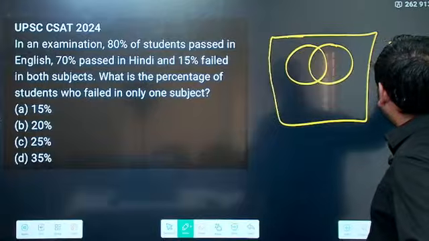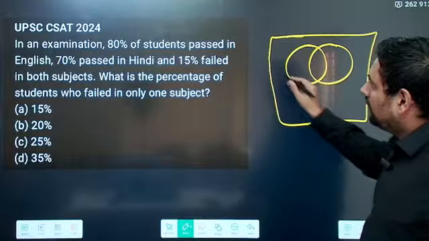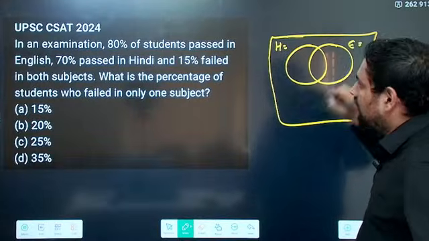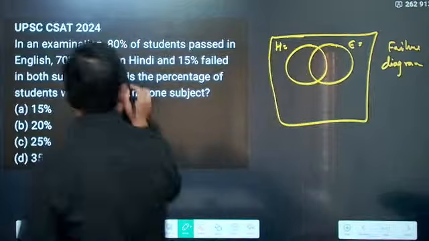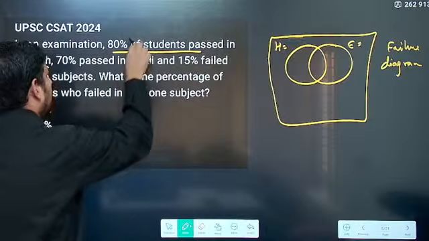Again, I am drawing a failure diagram. So in Hindi, this is English. In Hindi, it is said that 80% of the students passed in English. That means how many failed?